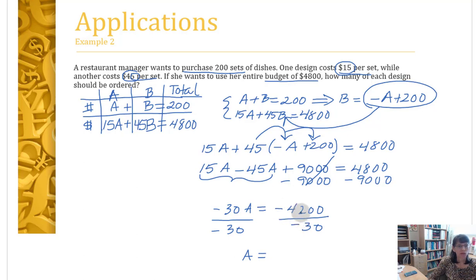So I'm going to take 4,200, divide that by 30, and that equals 140. If we go back to the table, we can figure out what we just solved. A represents the $15 set. So we would need 140 sets at the $15 price.